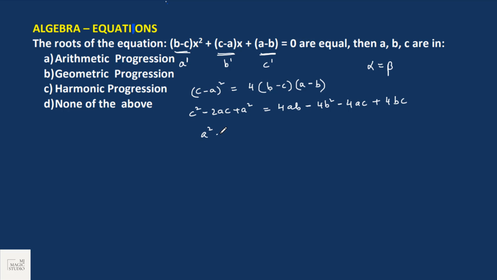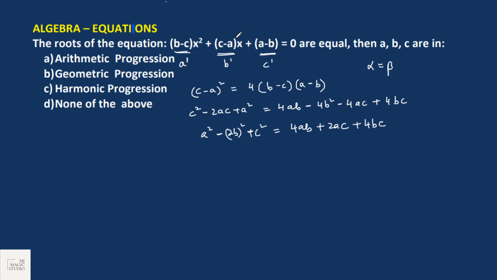Okay, and then we have (a minus 2b) whole square plus c square equals 4ab, plus 2ac plus 4bc. And we end up getting confused about how to get the setup.